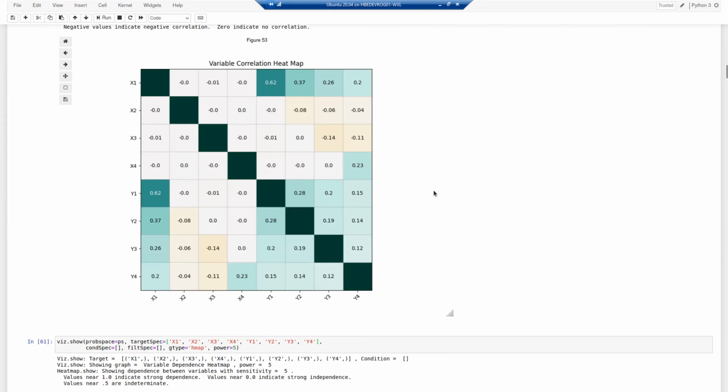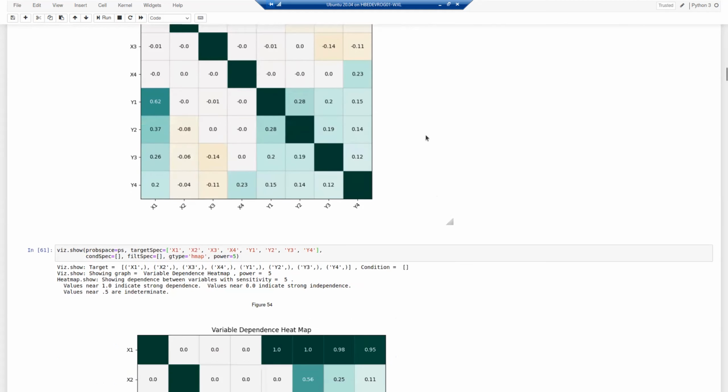So this shows you the relationships, and the deepness of the color shows how strong that relationship is. And the blue color indicates a positive correlation, and the brown color represents a negative correlation.